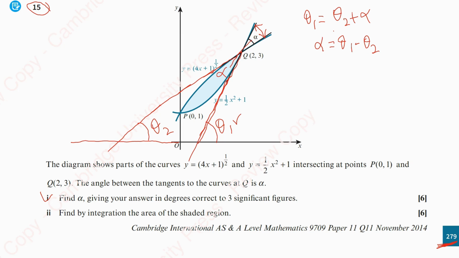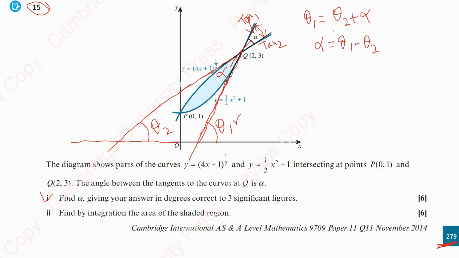So what is theta 1? Theta 1 is actually the angle the tangent makes. Suppose this is tangent 1, and that is tangent equation 2. Tangent 1 makes an angle theta 1 with the x-axis.